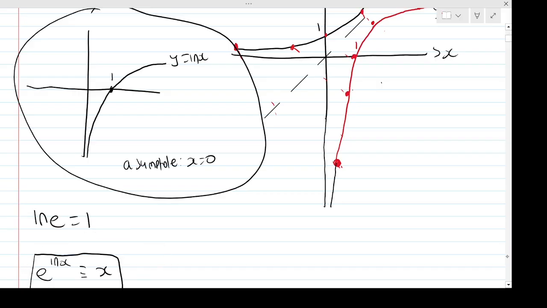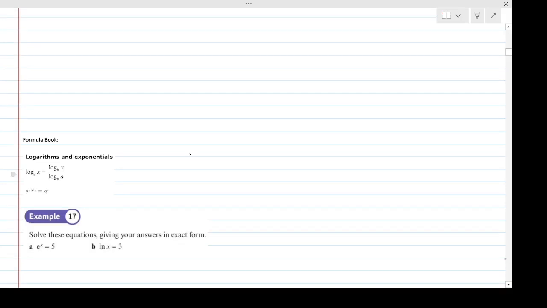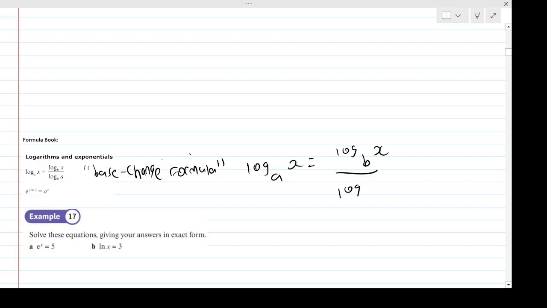Just a little side note, this other formula you'll see in the formula book, we don't use it. This is called the base change formula. We don't use it really on this course, and that is basically saying that log base a of x is log base b of x over log base b of a. So it's in the name: base change. If we want to switch the base of one log to another from a to b, this is how we can do it.